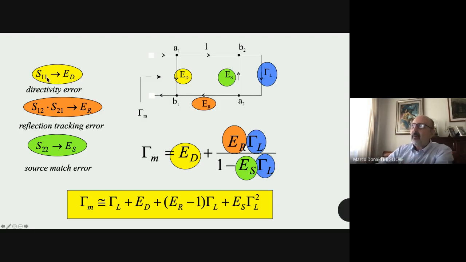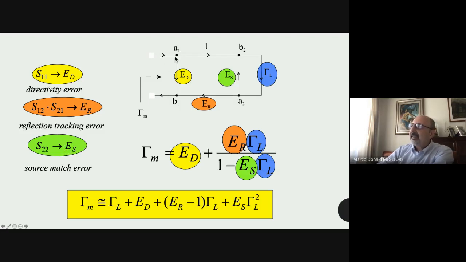And E_D is called the directivity error. E_R, which is S12 multiplied by S21, is called the reflection tracking error, and E_S is called the source match error. These are the names that you will find in the literature on VNA.